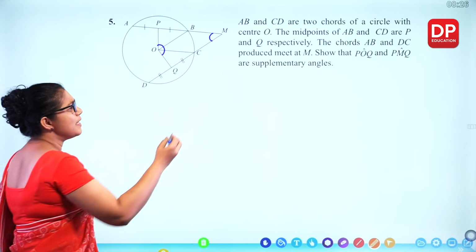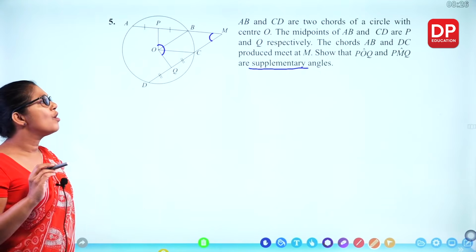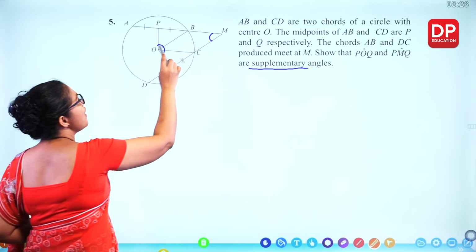What does supplementary mean? Supplementary means add up to 180 degrees. So here we have to show that.